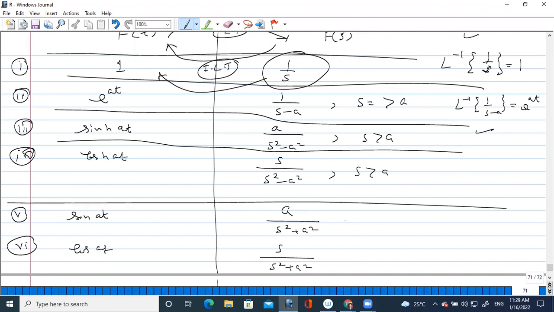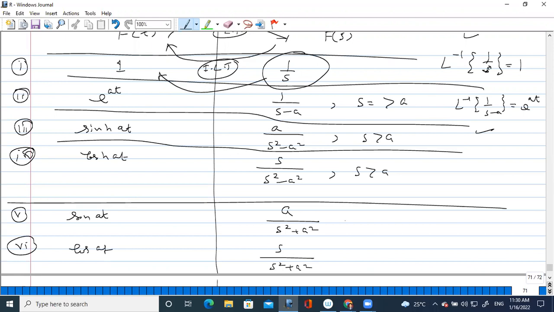Sir, if s is less than a, then the Laplace transform does not exist. Yes, this formula will not be valid because a negative value will come, no? Yes, sir. The integral will go to infinity.